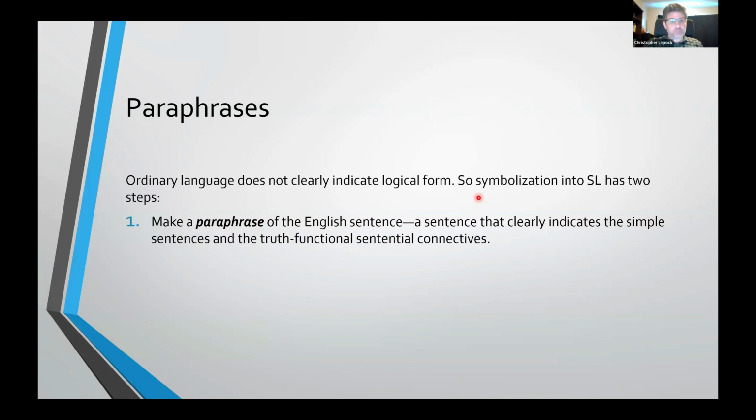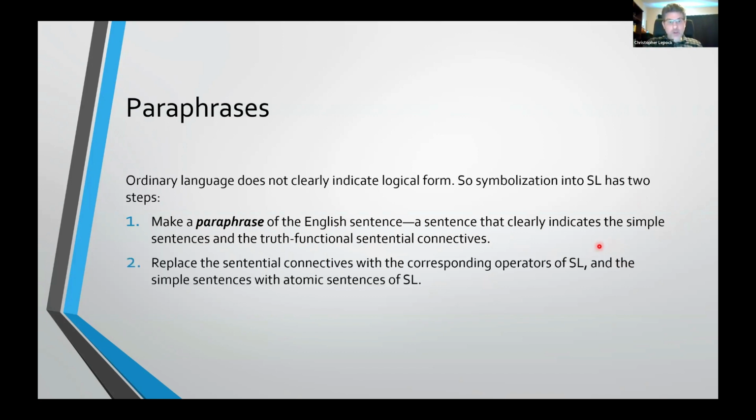So the first step is this: you make a paraphrase of the English sentence, right? This is a sentence that clearly indicates the simple sentences and the truth functional sentential connectives. And then what you'll do after this is replace the sentential connectives with the corresponding operators of SL and the simple sentences with the atomic sentences of SL.